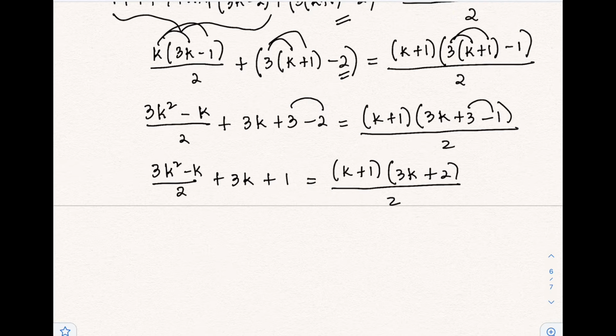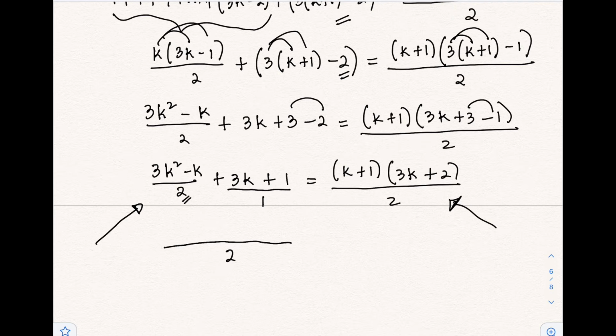So, kung napapansin nyo guys, yung ating right side is nakasulat in a single fraction. So, ibig sabihin, kailangan natin i-combine yung ating mga terms dito sa ating left side. Tama? So, yung 3k plus 1, so understood dyan na merong 1 as denominator. So, para ma-combine natin to guys, ang LCD nila is equals to 2. Tama? So, 2 divided by 2, that is equals to 1.